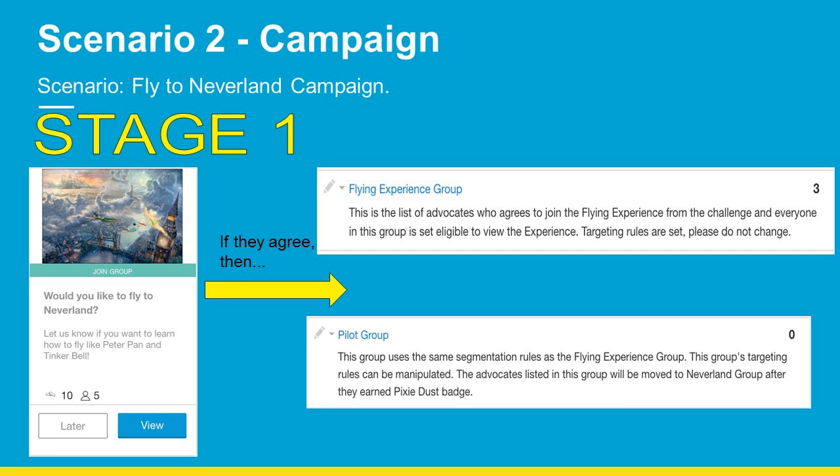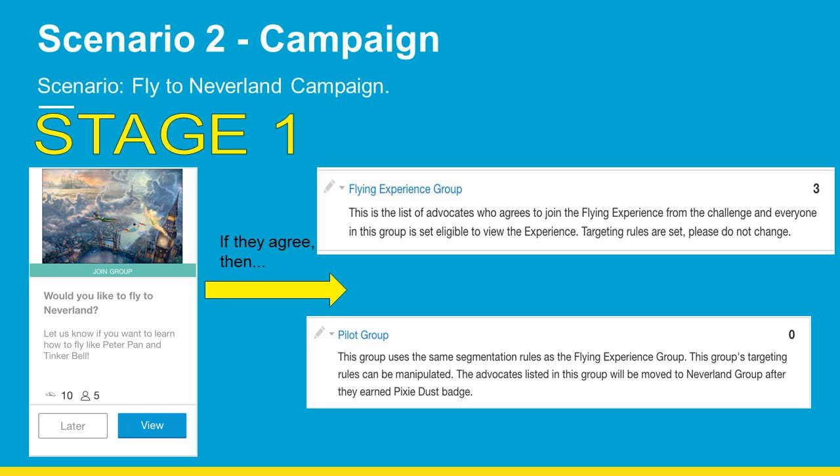Now the second one. I forgot to add, the first group's targeting here is set. So I would refrain from manipulating targeting here because anything you do to this group will affect the experience visibility. So we need to be careful with that.